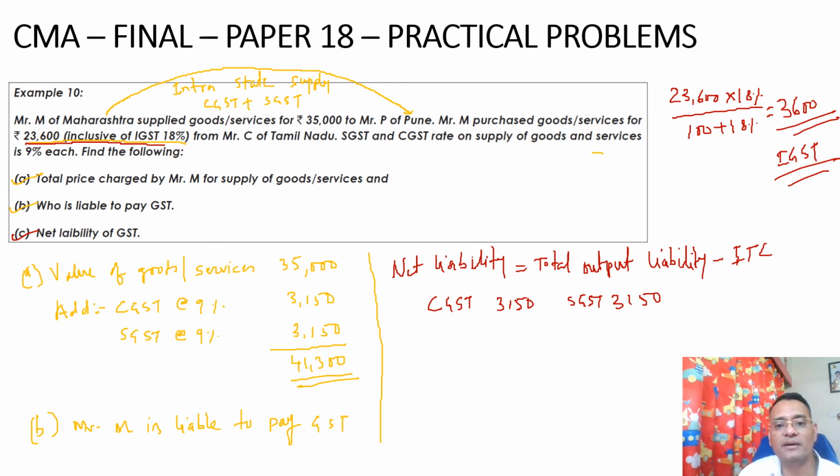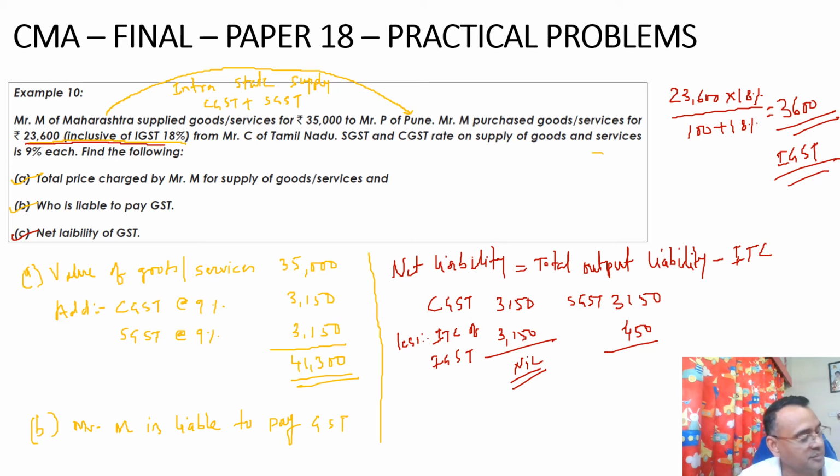So we will less ITC of IGST 3,150 towards CGST, so CGST is nil, and the balance amount, 3,600 minus 3,150, is 450 rupees, would be set off towards payment of SGST liability, and the net liability would be 2,700 in cash, and that is to be paid to the state government.